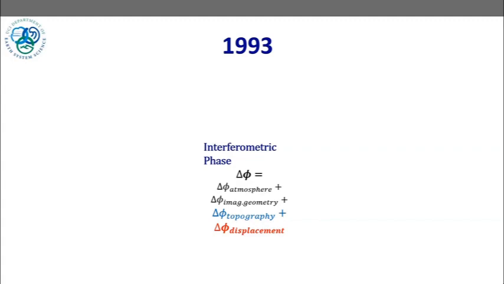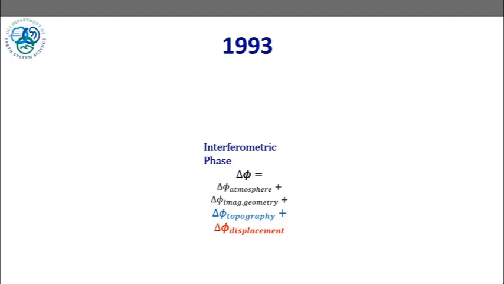Atmosphere could be nuisance, could be signal, so that's in the eye of the beholder. What's most interesting to us is it's sensitive to topography, so it can be and has been used to generate digital elevation models, or to collect data to generate digital elevation models. And it's sensitive to displacement, and displacement could be subsidence or glacial motion.